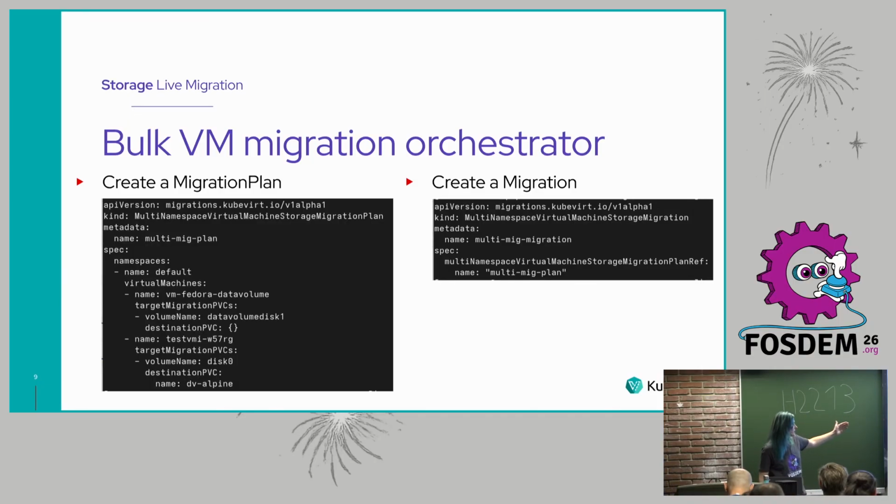You can list the namespaces and the virtual machines inside those namespaces and the disks that you want to migrate. In the destination PVC part, you can specify the storage class name, volume mode, access mode, whatever you want, and just create the migration resource. Once you create the migration resource, the migration will start, and the migration resource will report the progress, and the plan will also show you how it is going.